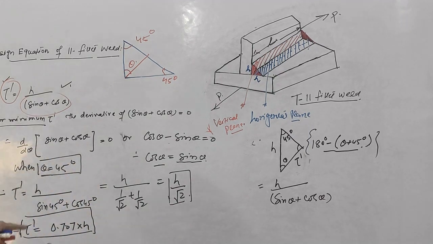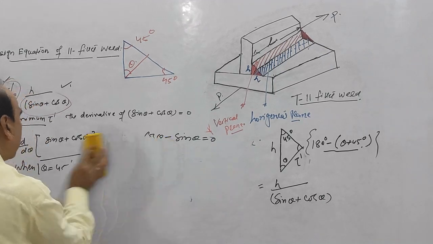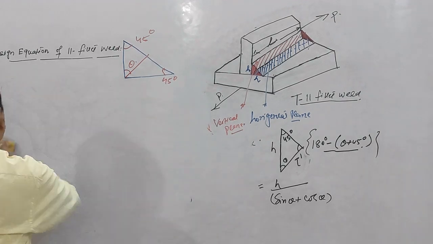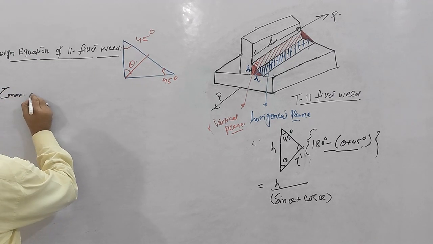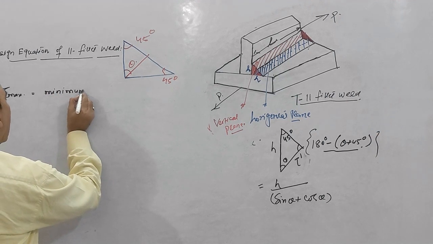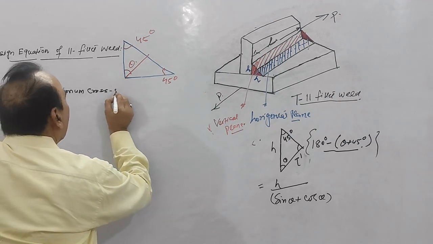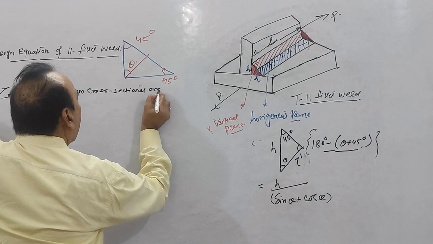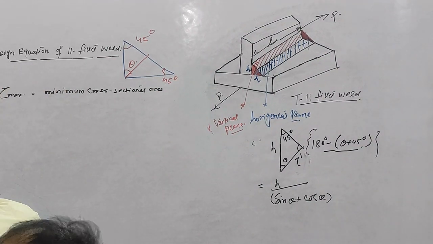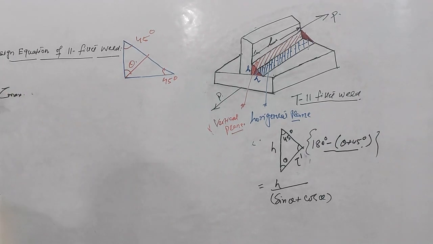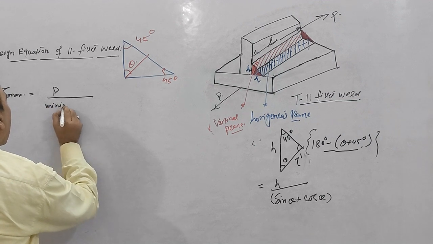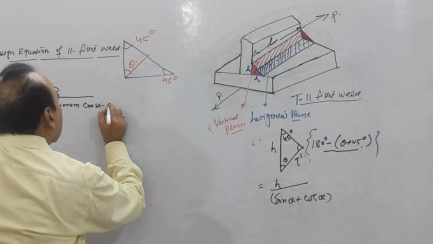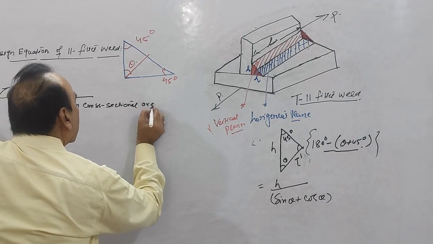Now, what will tau max be? As far as this is clear, I will rub this. So now the tau max is P upon the minimum cross sectional area.